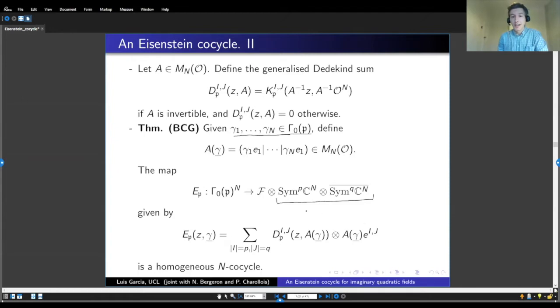So here, E_I is just the product of E_{1,I_1} up to E_{m,I_m}, which you can think of as living in the m-th symmetric power of C^m. And similarly, E_{I,J} will be e^I times e-bar^J.